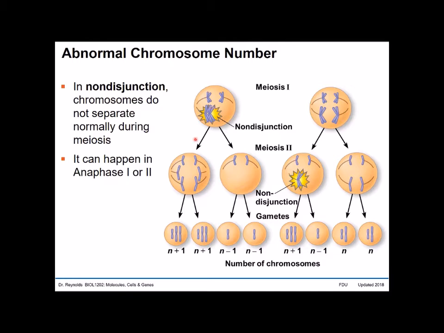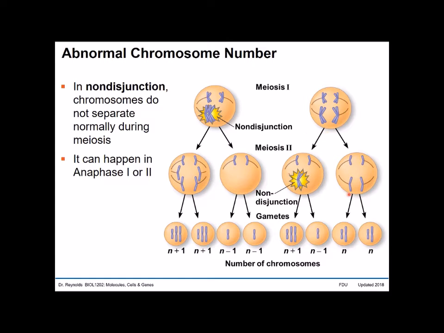Because of this, both daughter cells from meiosis 1 will be affected. One daughter cell and both of the gametes that result will be N+1 because they're haploid but with one extra chromosome. And the other, which will be missing that homologous chromosome, will be N-1.